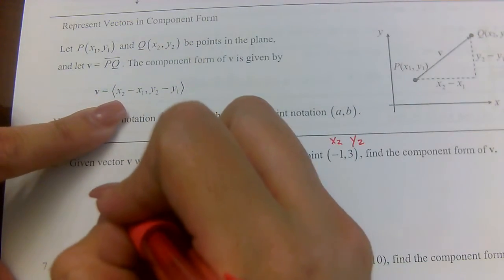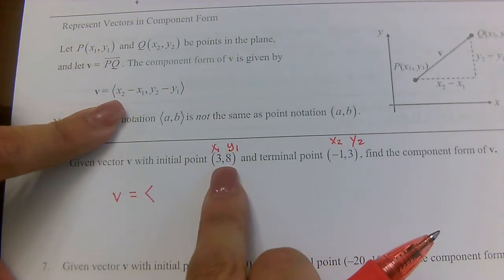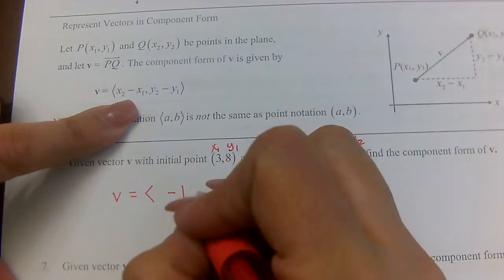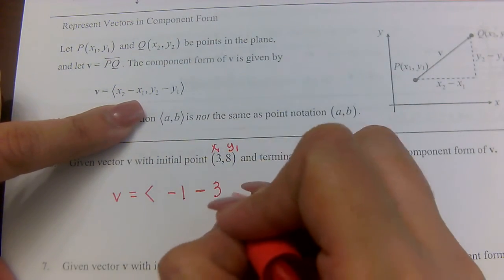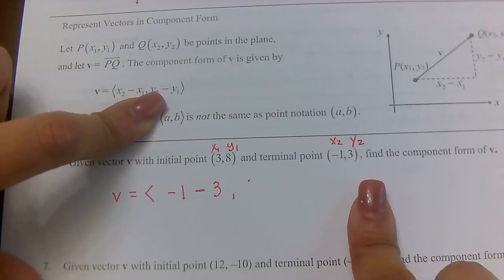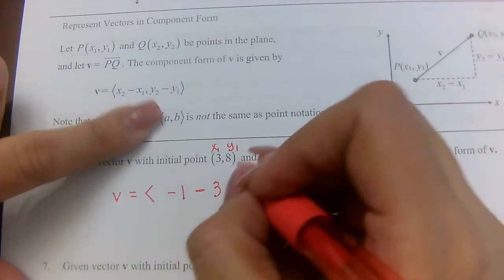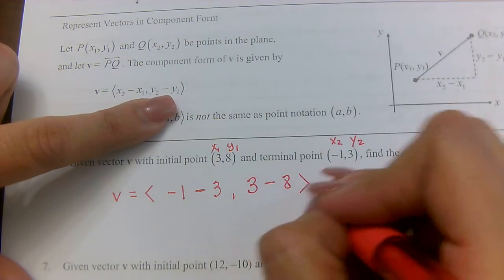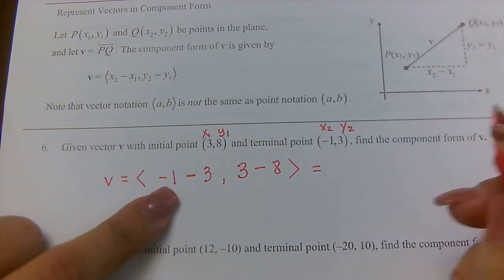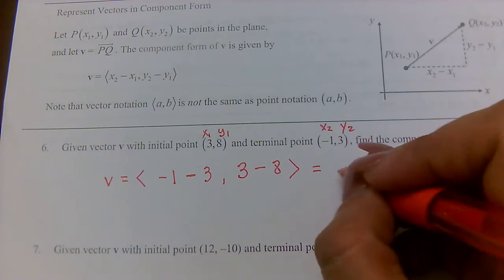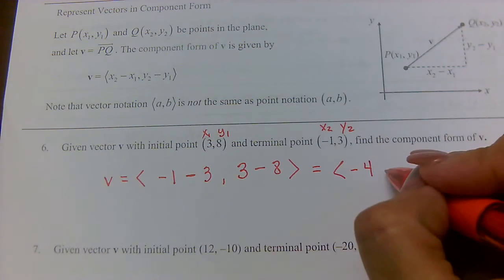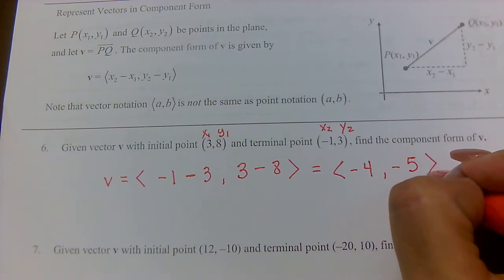Vector V is equal to x2, negative 1, minus x1, 3, y2, which is 3, minus y1, which is 8. Okay? Simplify. Negative 1 minus 3, that's going to be negative 4. And 3 minus 8, that will be negative 5.